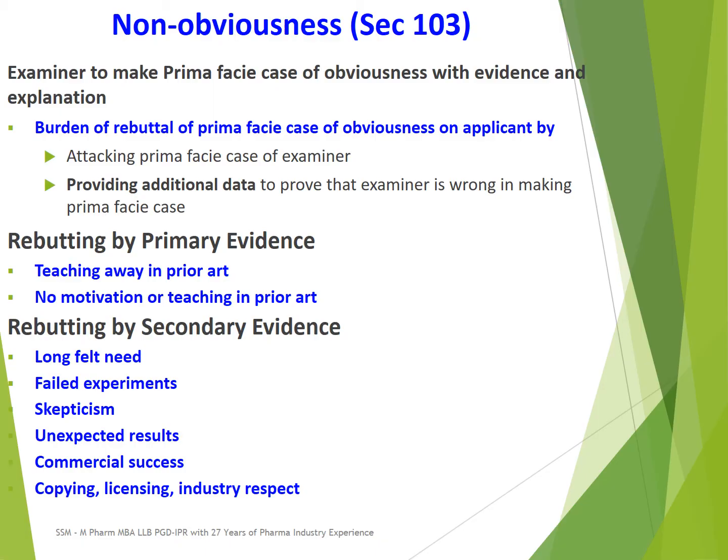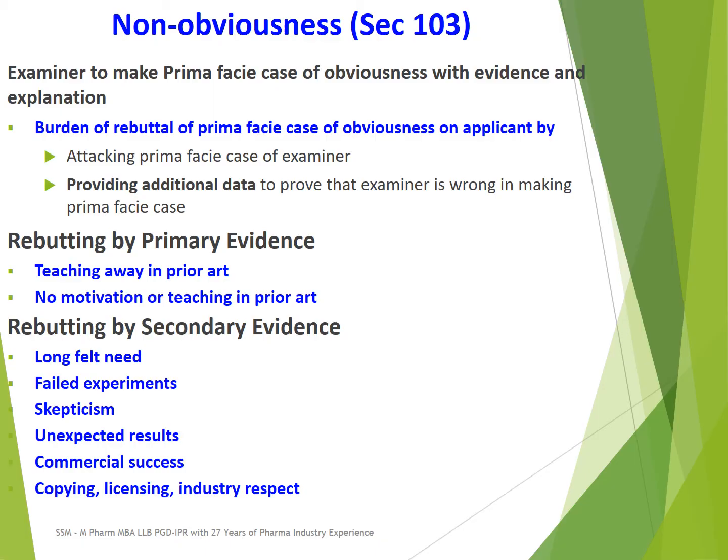Once the case has been made by the examiner for obviousness, then the burden of rebuttal of that case of obviousness is on the applicant. The applicant can rebut by attacking or defending the case by providing additional data which proves that the examiner is wrong in making the case of obviousness.